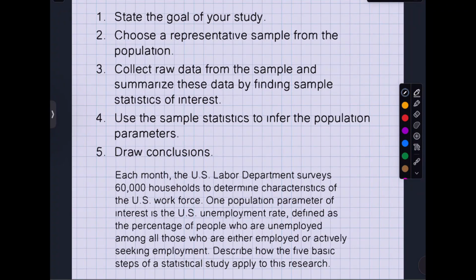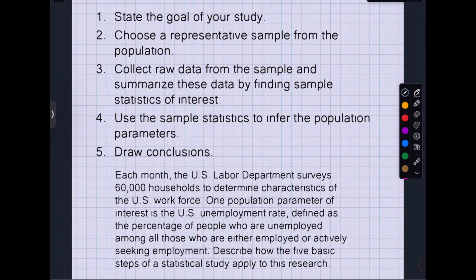Step 4 says use sample statistics to infer population. So meaning, what they just did in step 3, based on those 60,000 people, they come up with a percentage of people that are unemployed, right? And from that, they're going to say, in the US, we're at this unemployment rate.